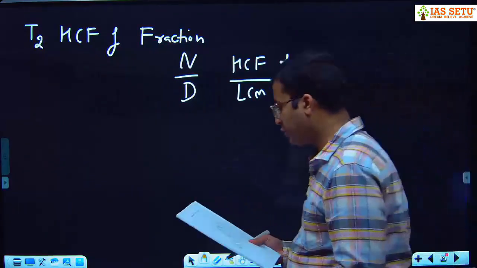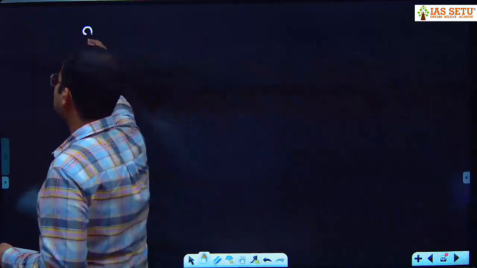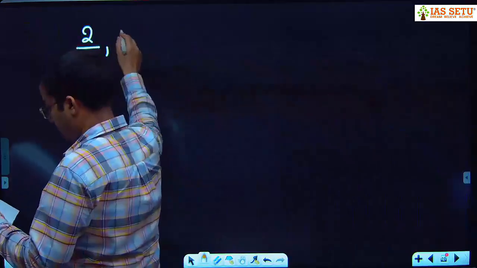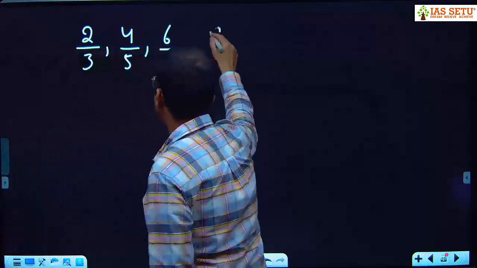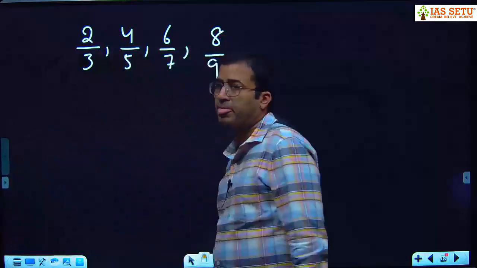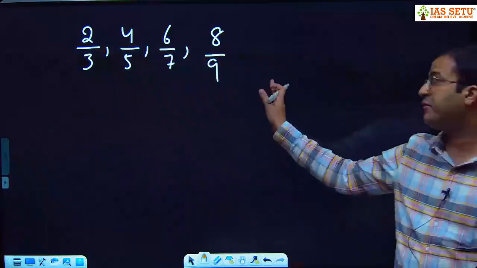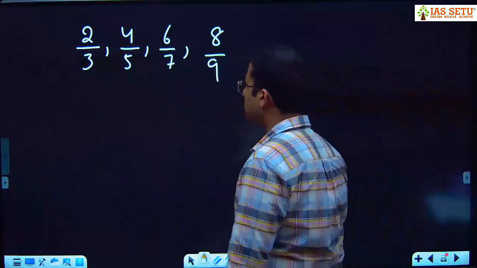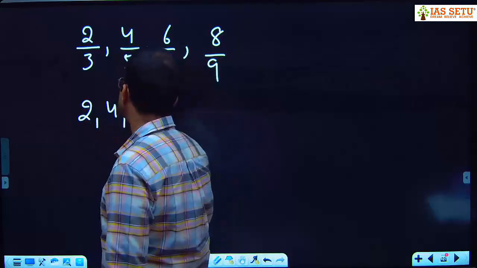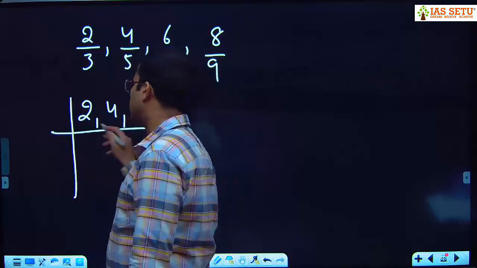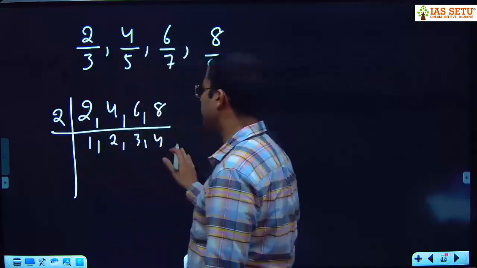I will solve one question for you, one I will ask you. Here the question is 2 by 3, 4 by 5, 6 by 7, 8 by 9. We have to find the HCF of these fractions. These are already simplified. So here we find the HCF of 2, 4, 6, 8. We take 2 common: 1, 2, 3, 4. After that we don't have any other common factor, so 2.